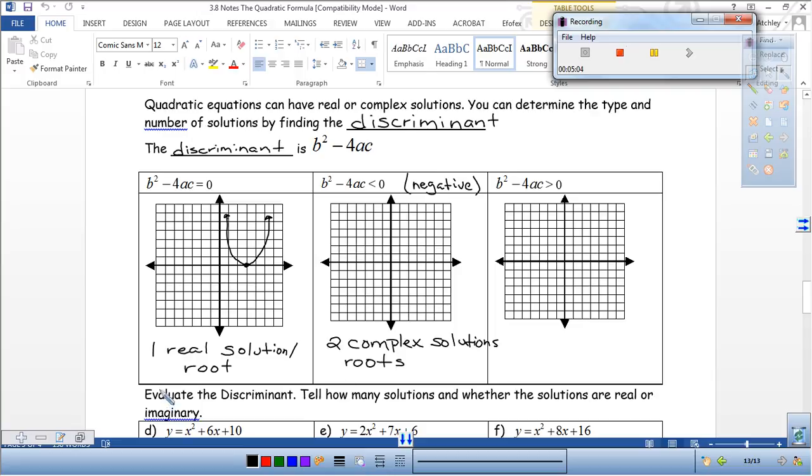Okay. And remember, our solutions to our quadratic equations are where it crosses the x-axis. So what does that tell me about my graph? Michael, what does that tell me about my graph if I have two complex solutions? Okay, so what does complex mean again? So let's go back and look at our wonderful notes.